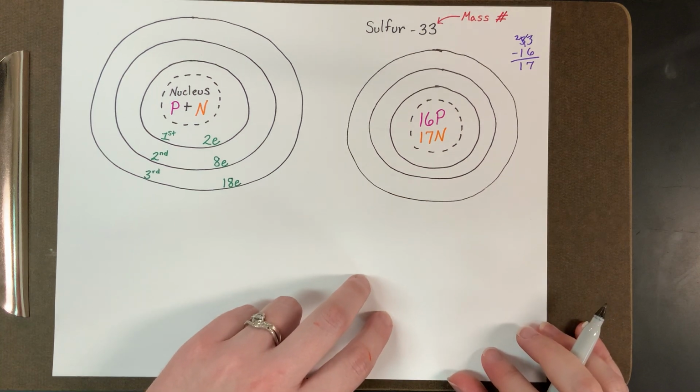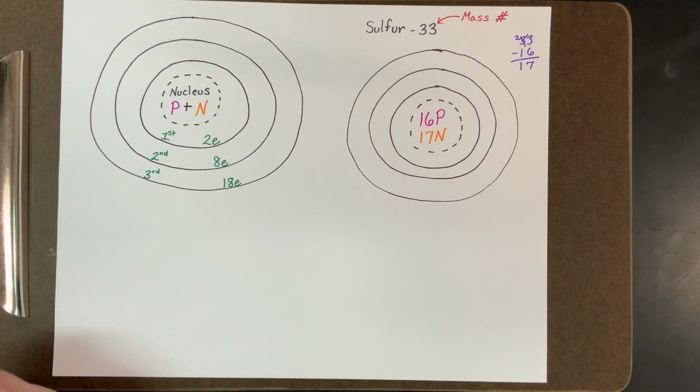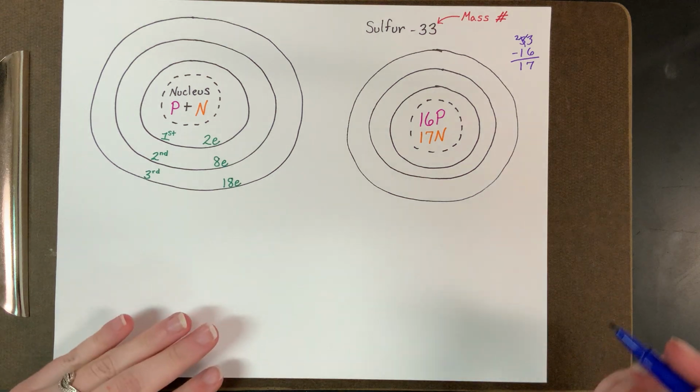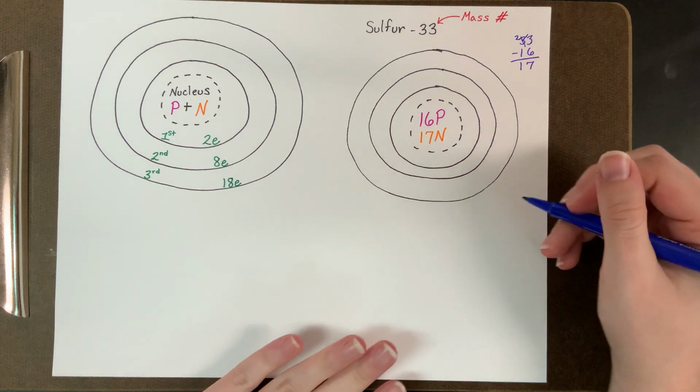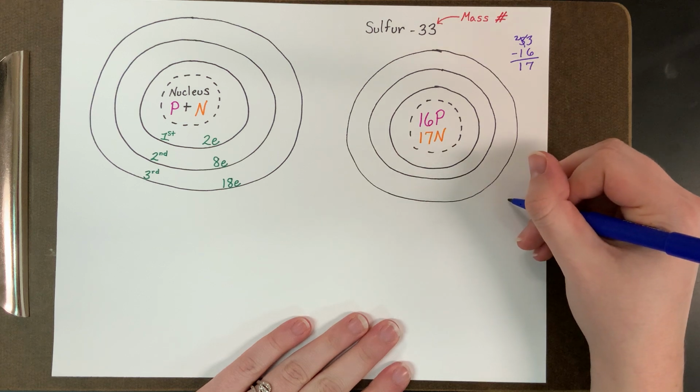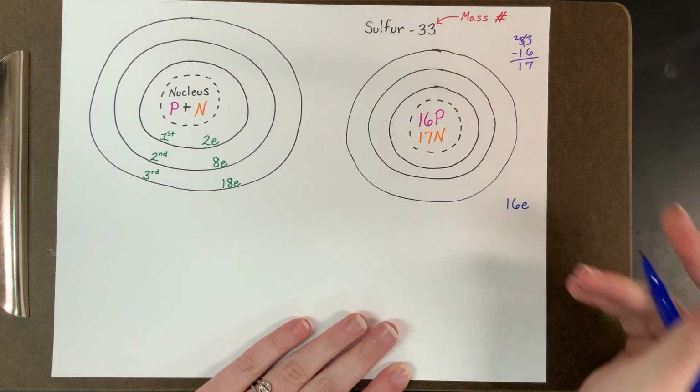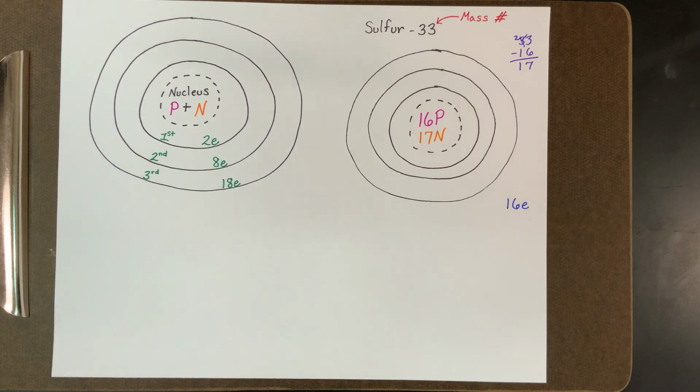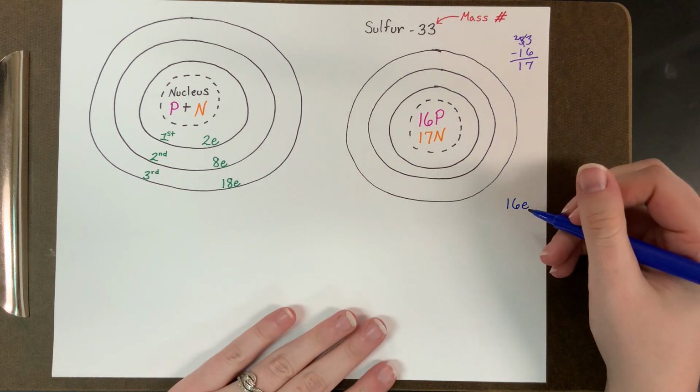So I have my 3 rings for my 3 periods. Now, this is a neutral atom. I have no indication that this is a charge. So we're gonna say that this has 16 electrons in total. I need to divide these 16 electrons up between my different energy levels.